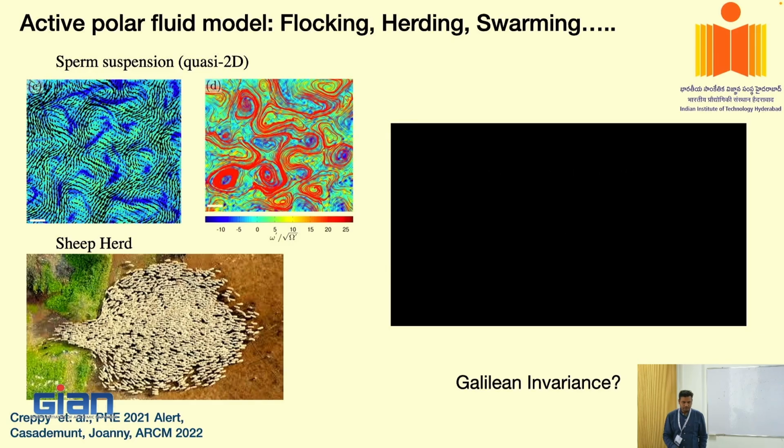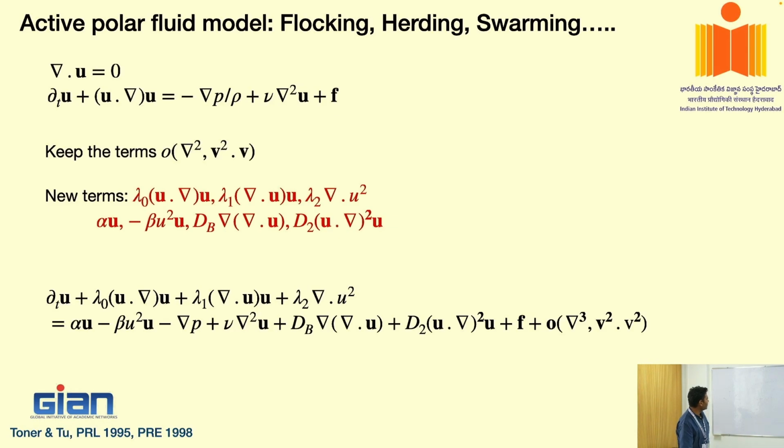Okay, fine. So basically what Toner and Tu said is, let's take this system, write down the Navier-Stokes equation and break the Galilean invariance. What are the possible ways to break it? There are n number of ways to do that. What they did was take a call on up to what limit they were going to consider terms.